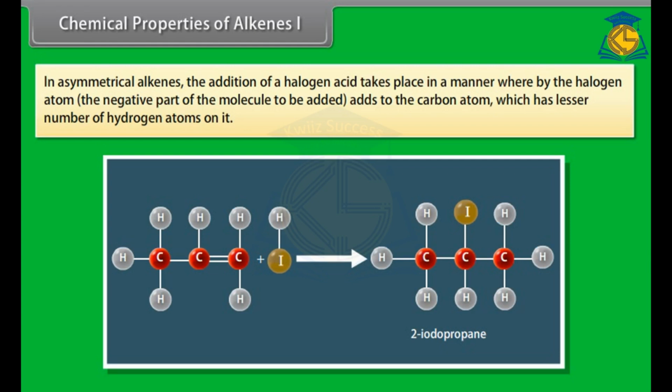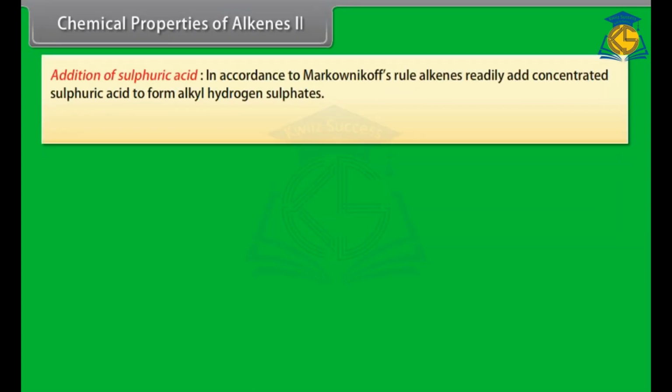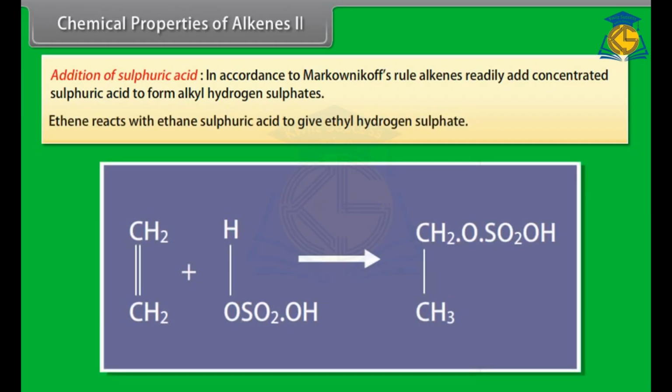This rule of addition of halogen acids to an asymmetrical alkene is known as Markovnikov's rule. Chemical properties of alkenes, Part 2. Addition of sulfuric acid. In accordance with Markovnikov's rule, alkenes readily add concentrated sulfuric acid to form alkyl hydrogen sulfates. For example, ethene reacts with concentrated sulfuric acid to give ethyl hydrogen sulfate.